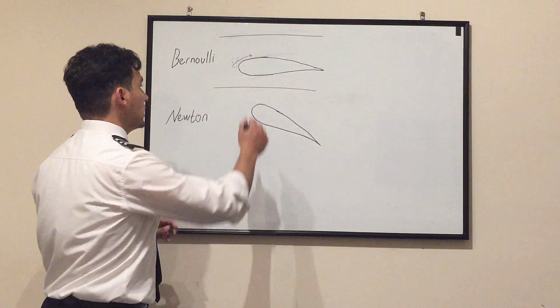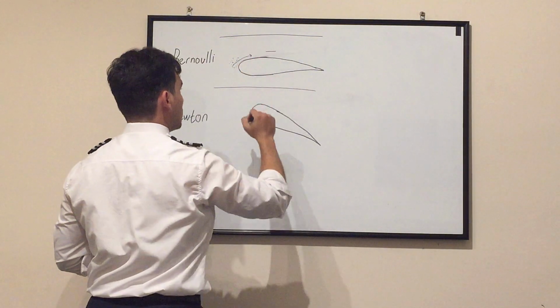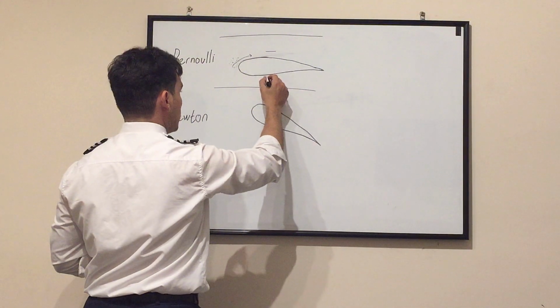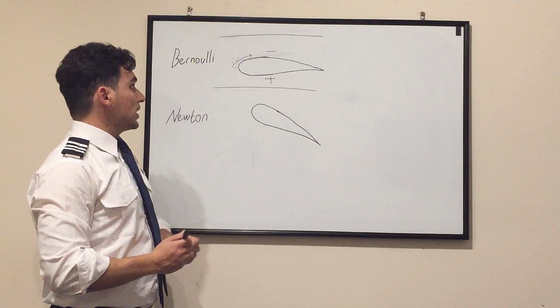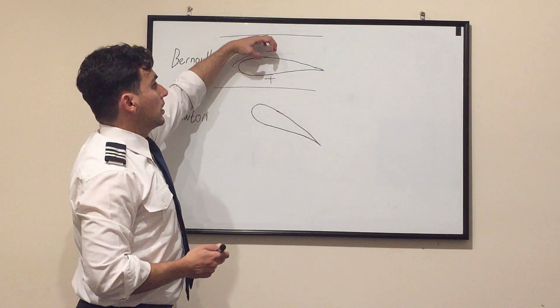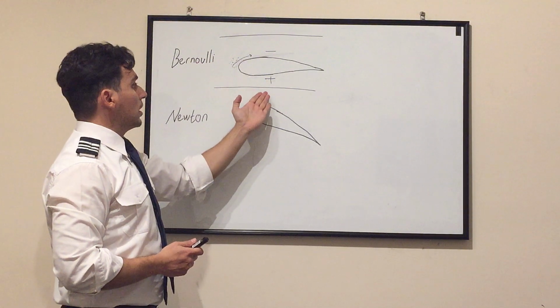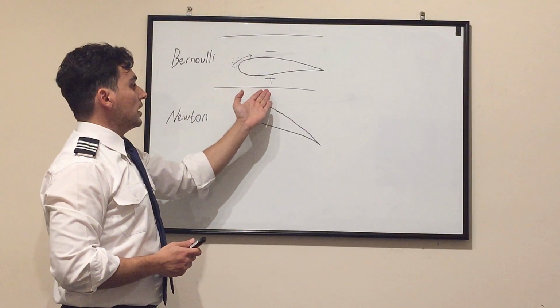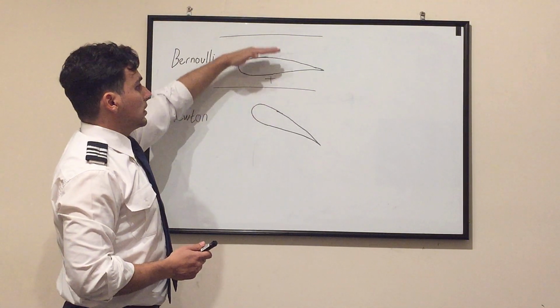So there is increasing velocity, and it generates a negative pressure area, and beneath the wing there will be positive pressure. This negative pressure will generate suction or lifting force, and this positive pressure area tries to refill this void, and it will generate the lifting force.